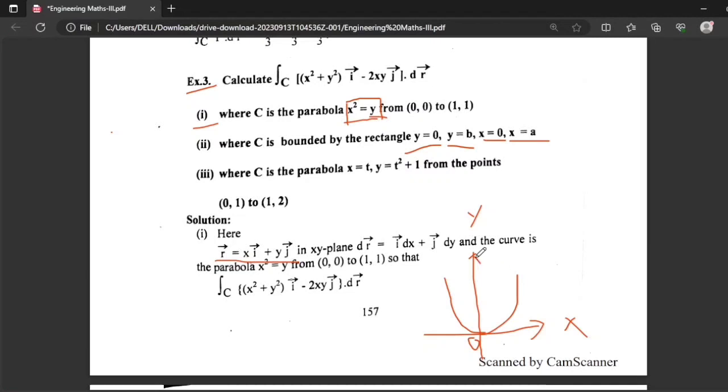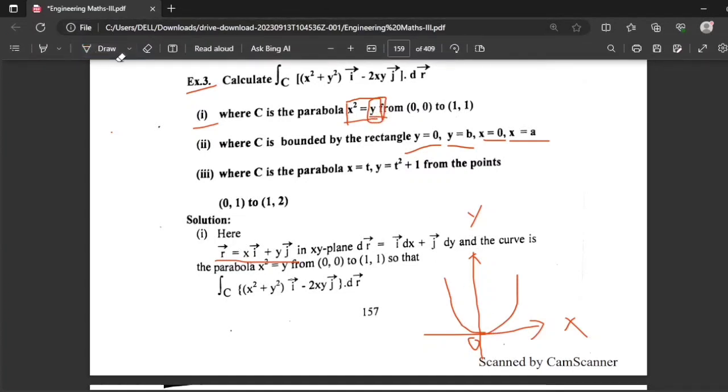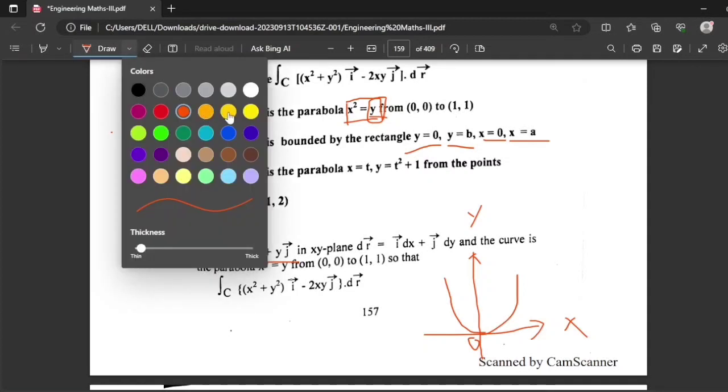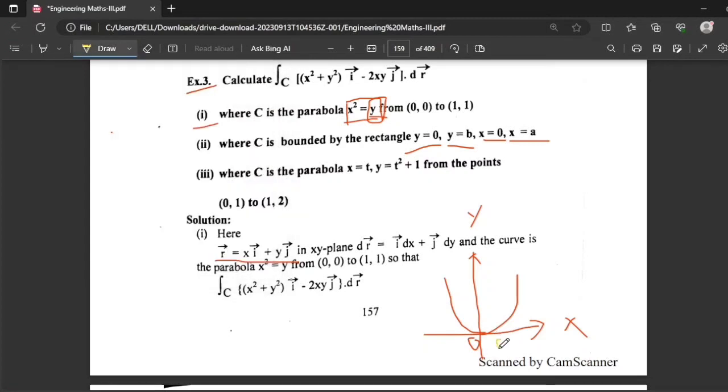So the parabola will be in the positive y direction from (0,0), the origin, to (1,1).